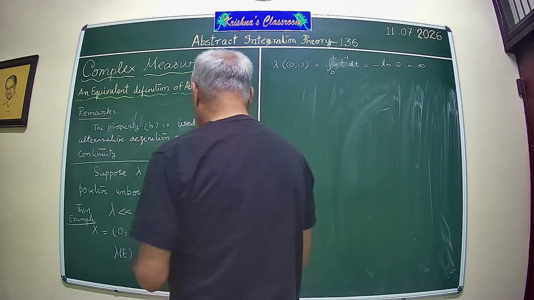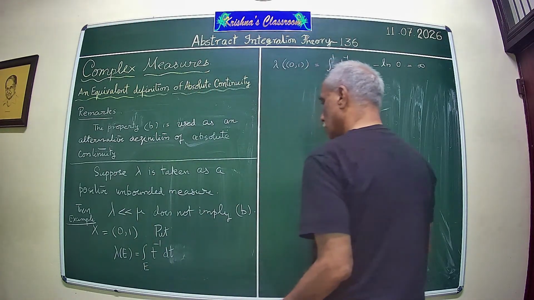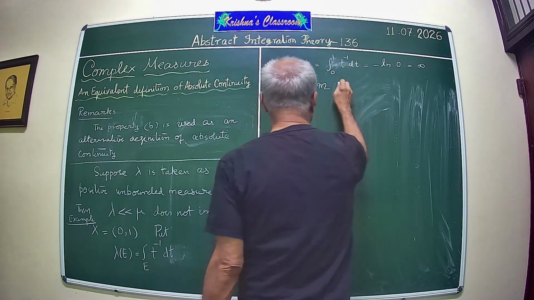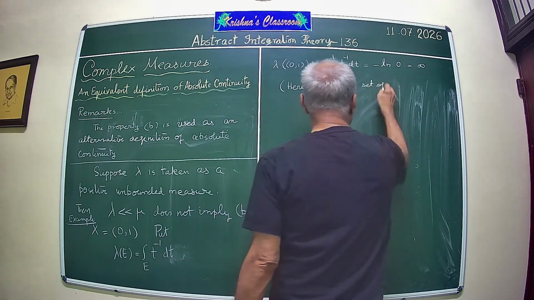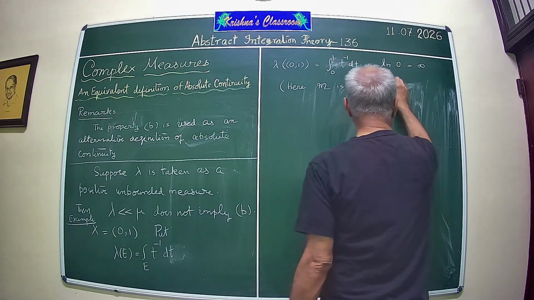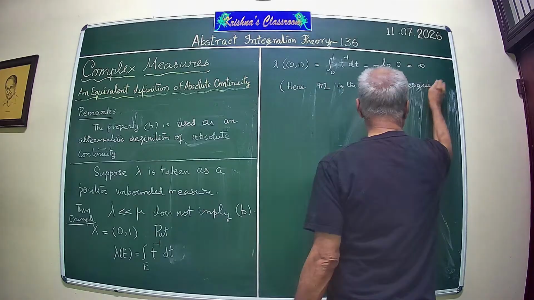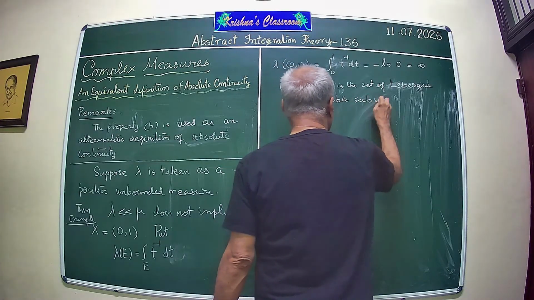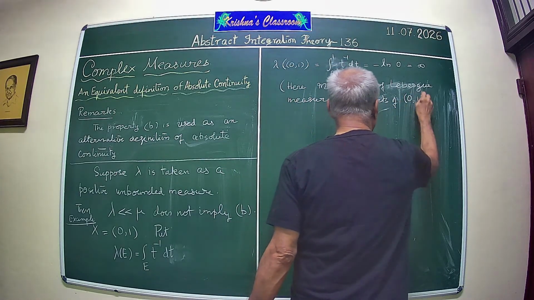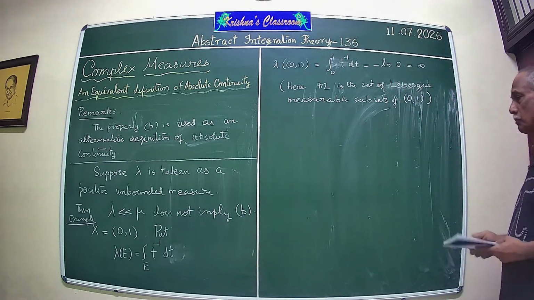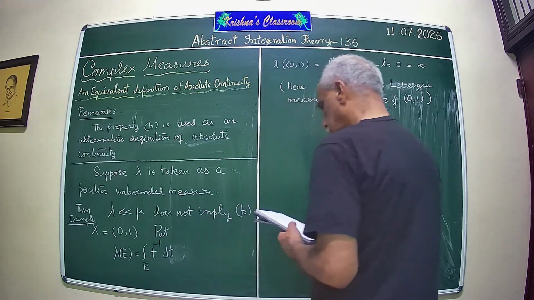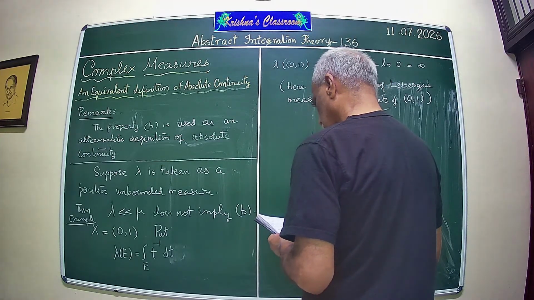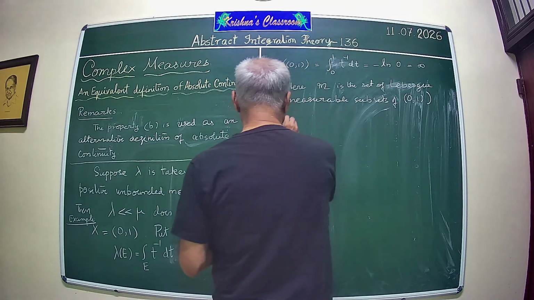We are taking here the measurable sets to be the Lebesgue measurable sets in (0, 1).